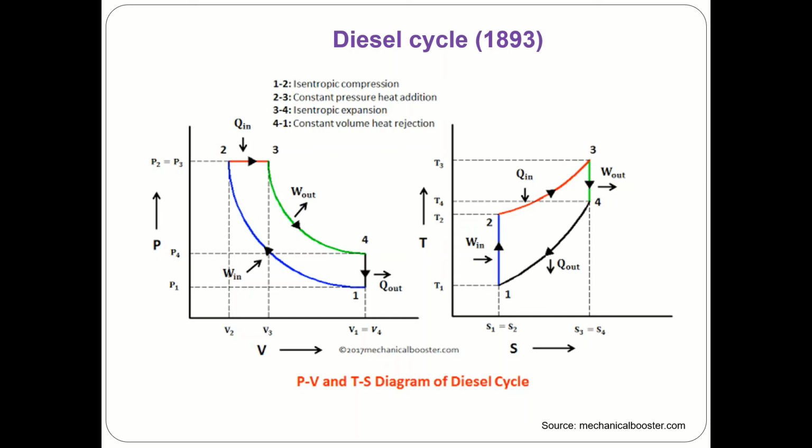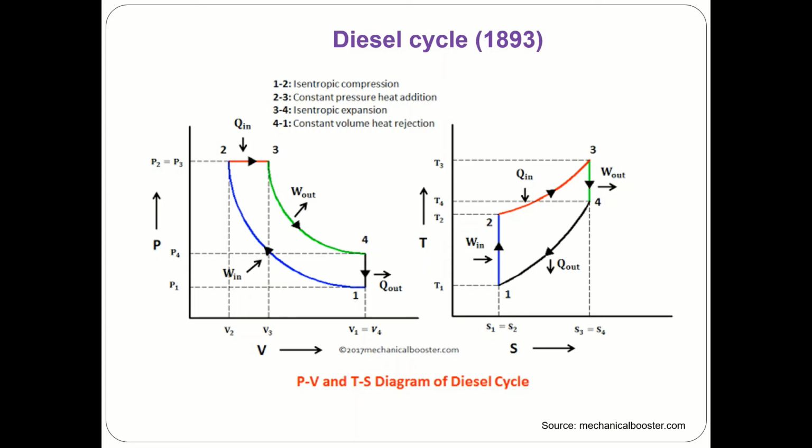Then after the end of the heat addition, because of the increase in pressure and temperature, the working substance expands. So, we get work output, and finally, whatever heat remains in the working substance is thrown out to the sink, or rejected to the sink. So, these are the 4 processes which you see on this diagram.